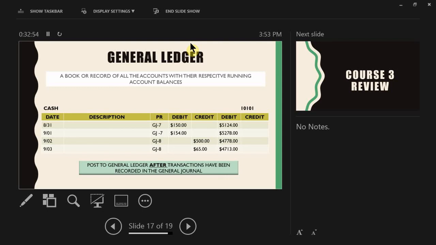The next transaction that happened, I spent more money. I spent $65. So therefore, I now have $4,713. So the real difference and the great thing is we will be looking into this when we dive into our fictitious business. We will be utilizing our general ledger.